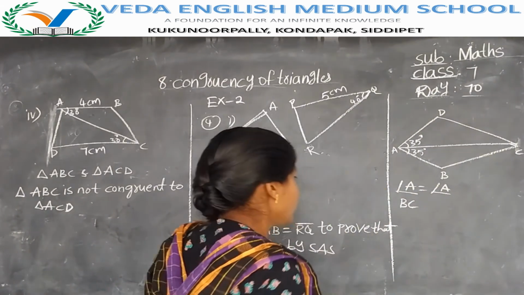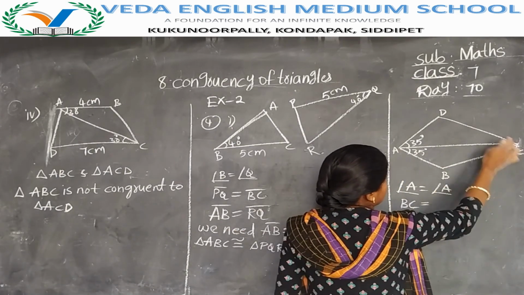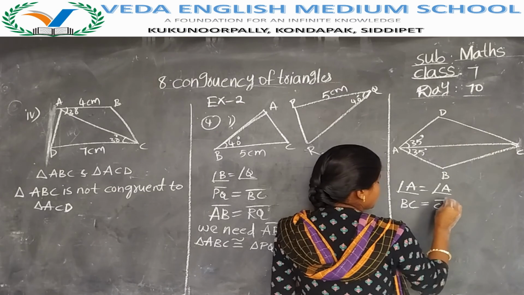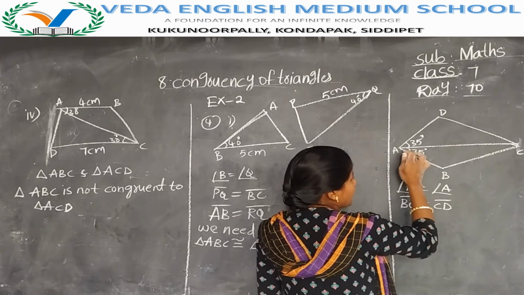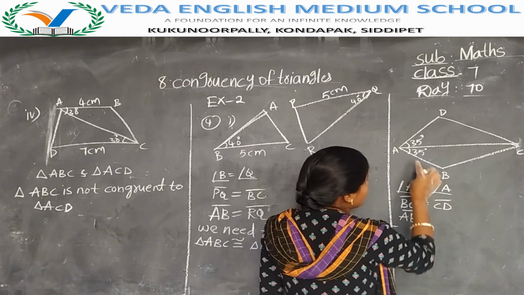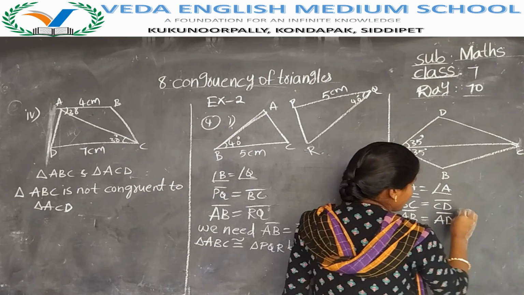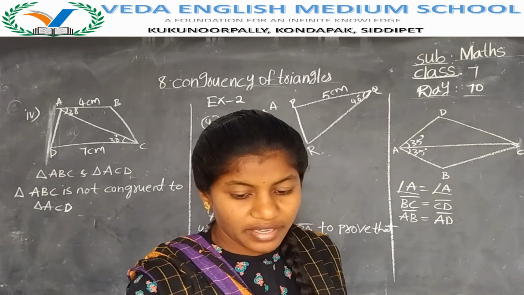No. So we need to show that BC is equal to CD. Line segment BC is equal to line segment CD. Then AB is equal to AD, line segment AB is equal to line segment AD.